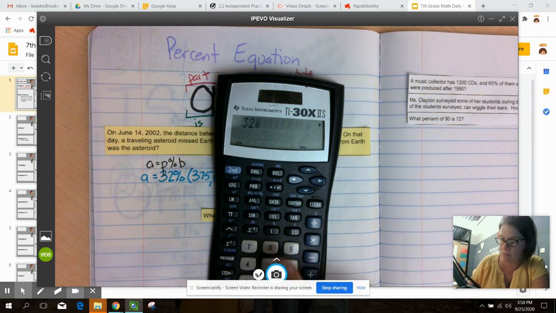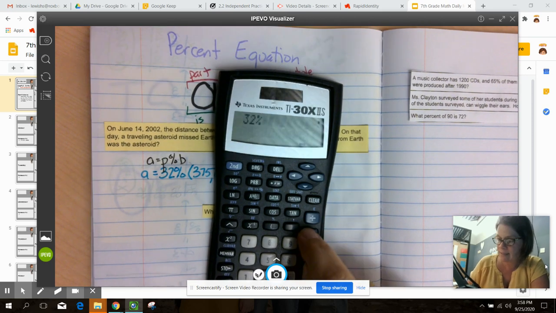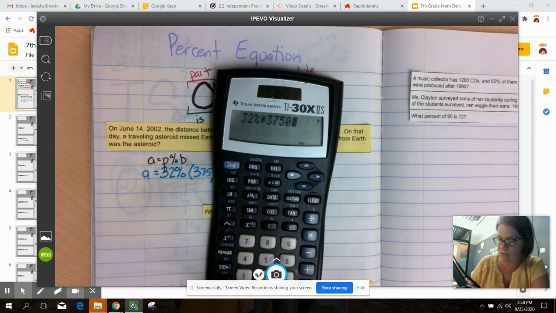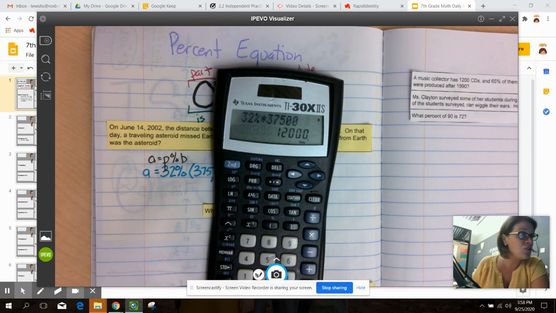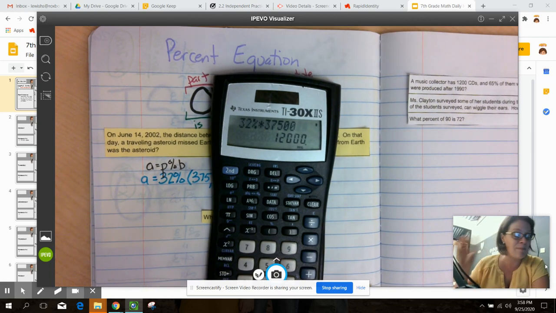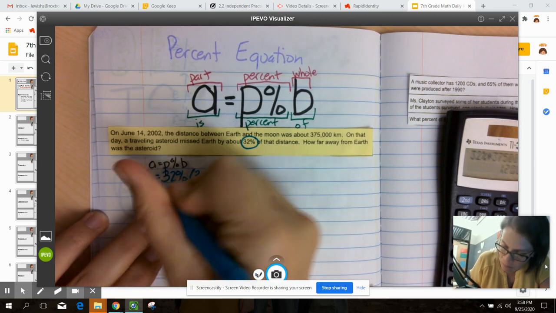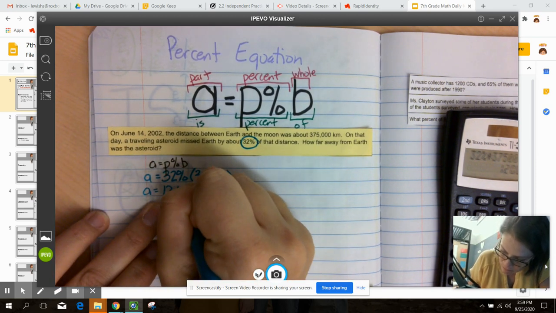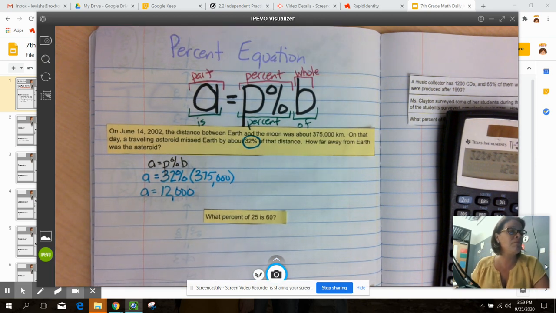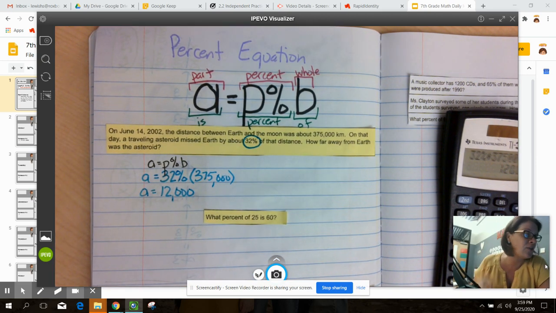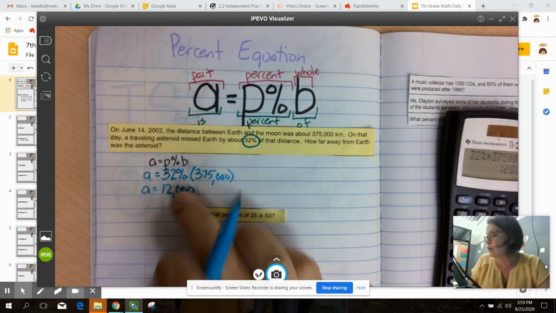So 32% times 375,000. So there's your answer. So it would be, it missed us by 12,000 miles or kilometers, wherever, kilometers, okay? So that is how you would do that one.